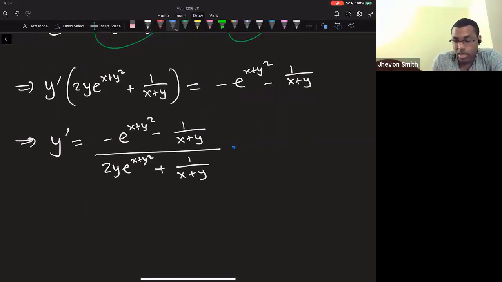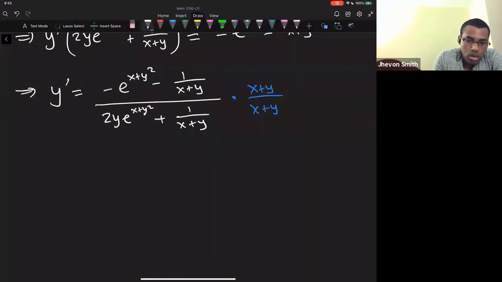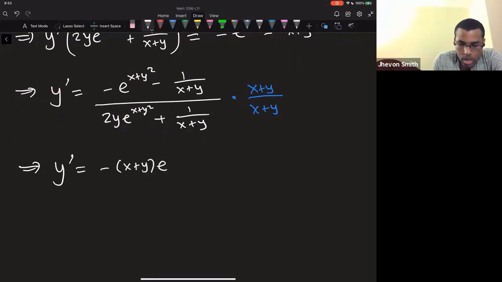And to make this look a little nicer, I can multiply by x plus y over x plus y. So it's minus x plus y e to the x plus y squared minus 1 over 2 x plus y e to the x plus y squared plus 1.